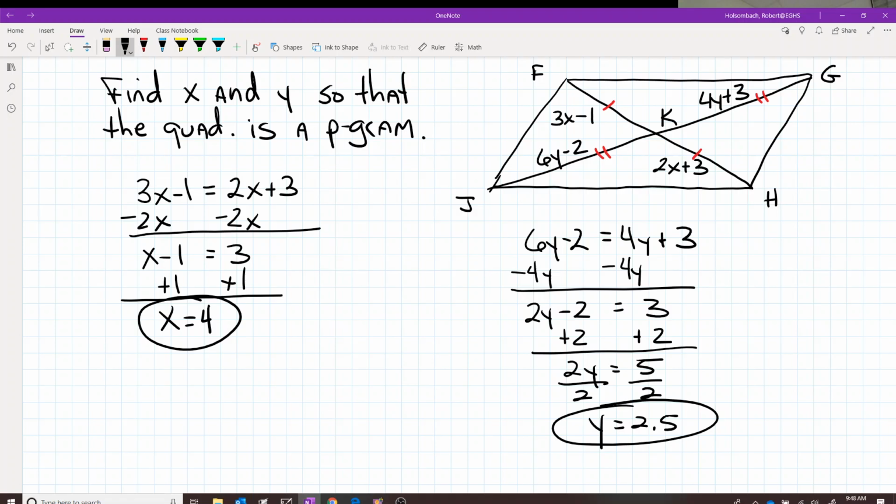So those are your x and y values when that shape is a parallelogram.